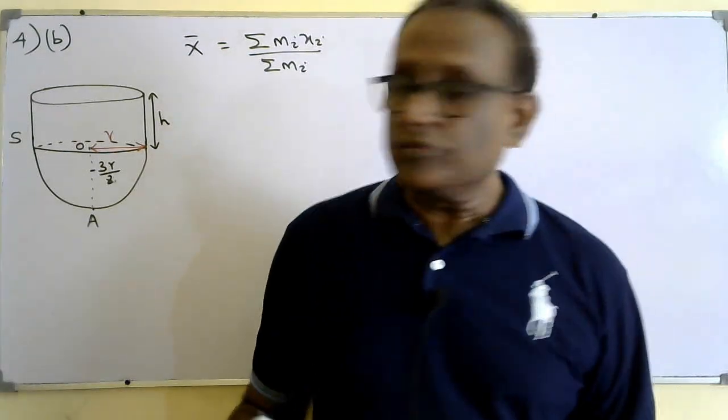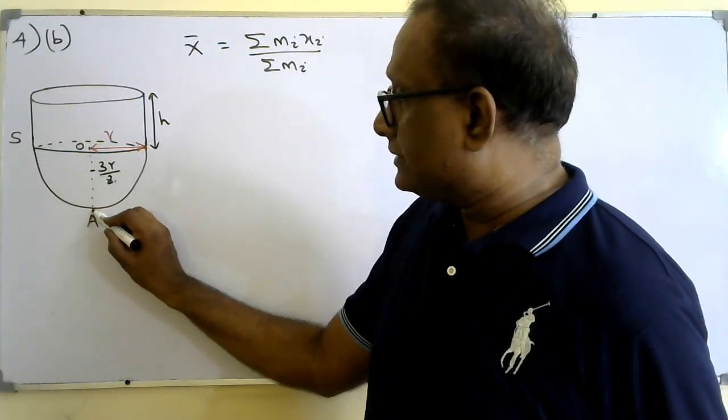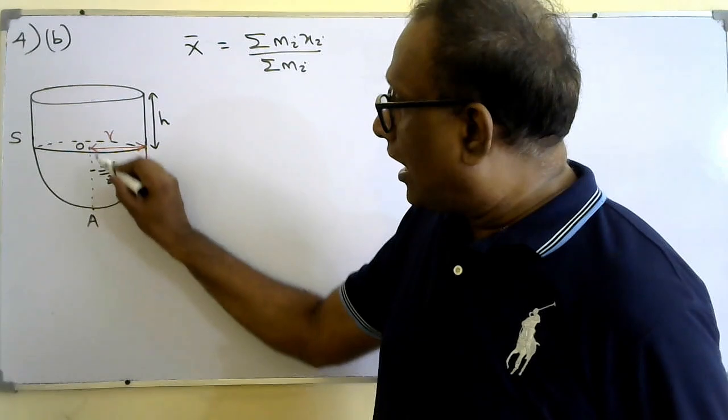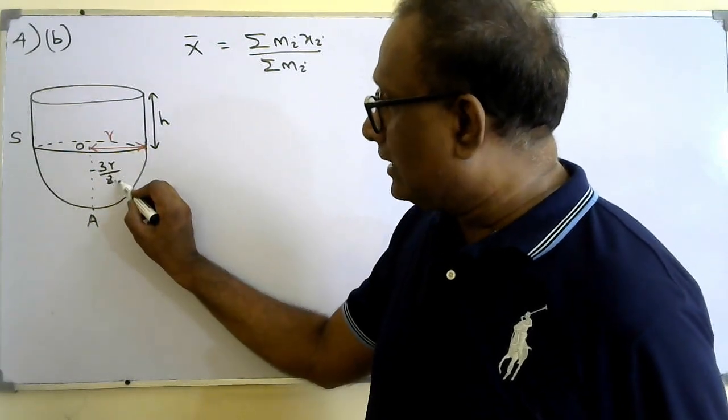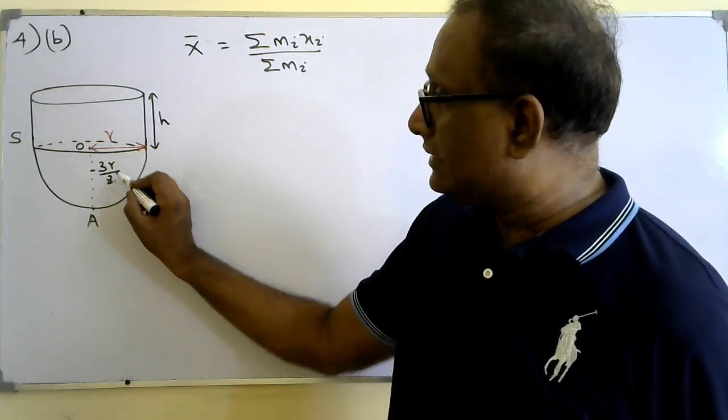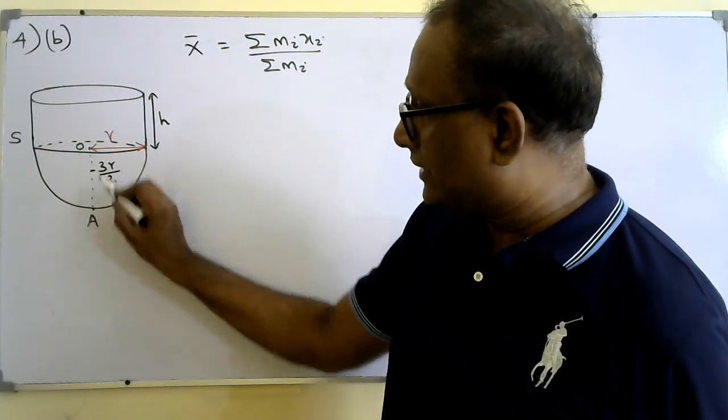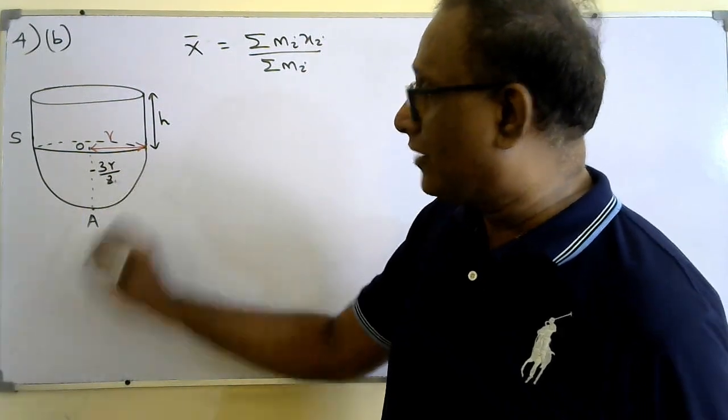So from O, 3r by 8 means from A, how much is it? This is r minus 3r by 8, that is 5r by 8, the distance of the center of mass of the hemisphere from A.